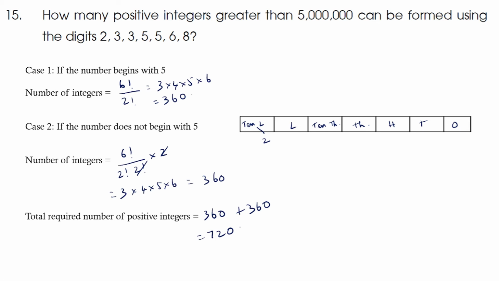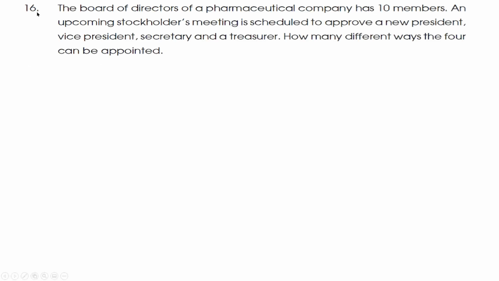Now moving on to the next question. The board of directors of a pharmaceutical company has 10 members. An upcoming stockholders meeting is scheduled to approve a new president, vice president, secretary and a treasurer. In how many different ways can the 4 be appointed? So here the board of directors has 10 members and 4 members should be appointed.